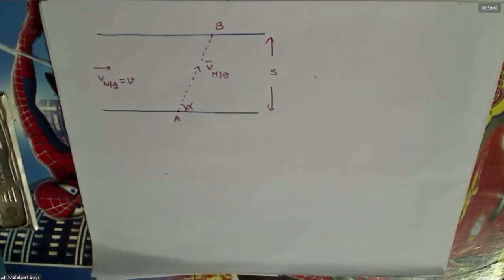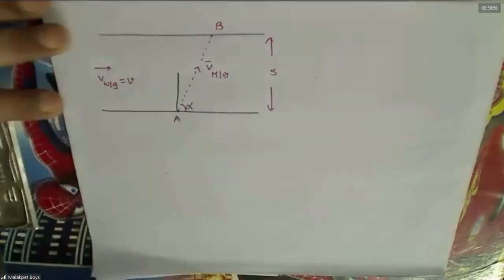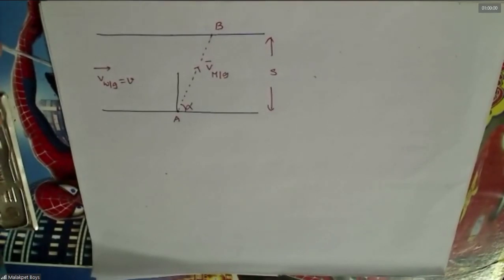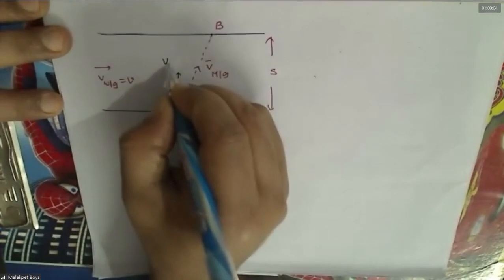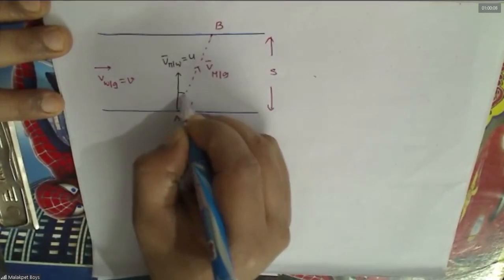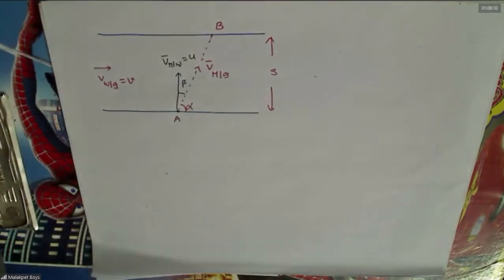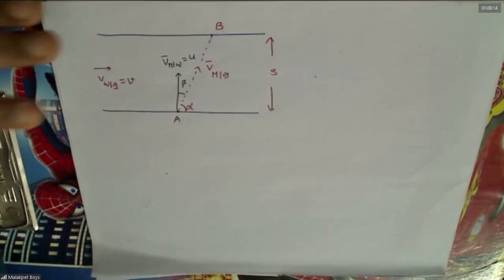The man moves with velocity U with respect to water. This is the velocity of man with respect to water, given as U. This is beta. This is the situation always. Clear?